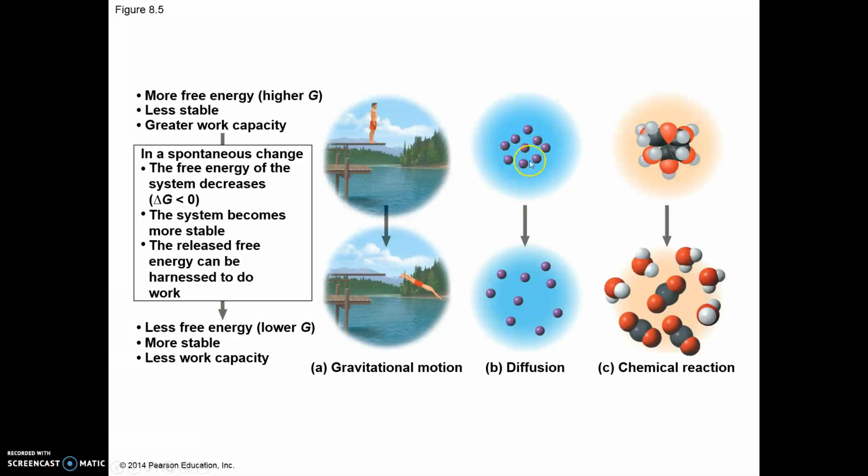So here's a bunch of molecules, and if you release them into an environment, they're going to diffuse or disperse, right? This is a negative change in delta G. So here we have more order, less stable, more capacity to do work. Here we have very low capacity to do work, but it's very stable.